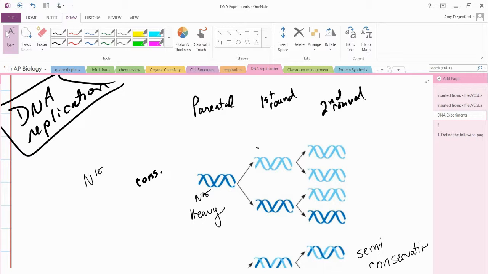And so along comes two scientists, Meselson and Stahl. In 1958, they did a really neat experiment called the pulse chase. We've actually seen a pulse chase experiment already, about a month and a half ago, with the labeled amino acids for the rough ER making proteins, and then watching where the proteins go within the cells.